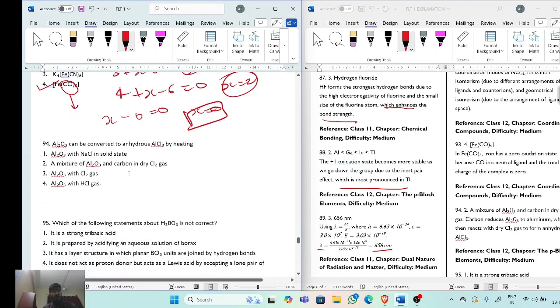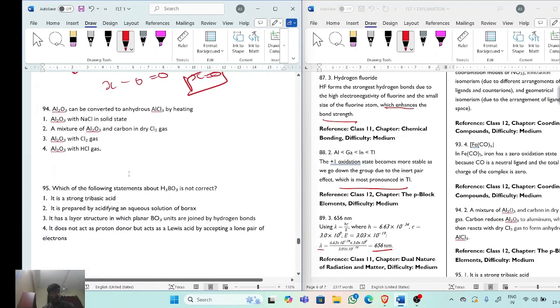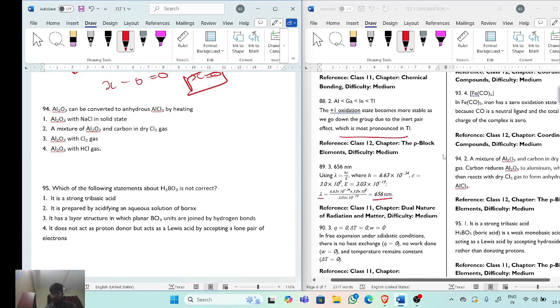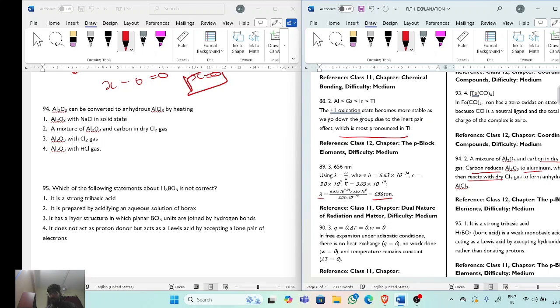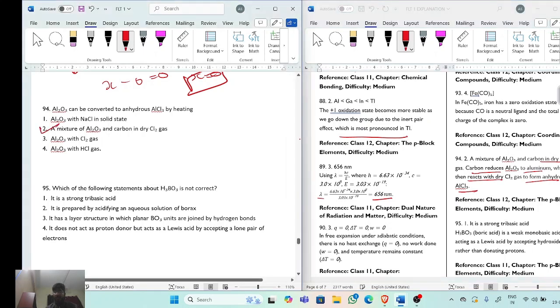Now let's come to question number 94. Al2O3 can be converted to anhydrous AlCl3 by heating with a mixture of Al2O3 and carbon in dry Cl2 gas. Carbon reduces Al2O3 to aluminium, which then reacts with dry chlorine gas to form anhydrous AlCl3. So option number 2 will be our correct answer.